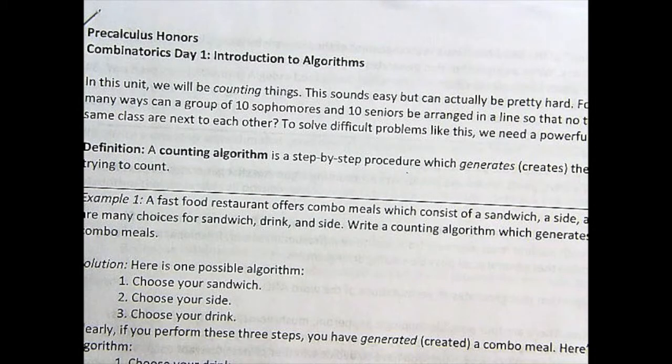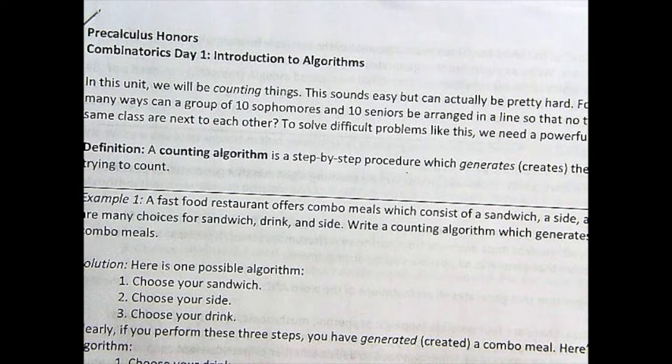The principal tool that we're going to use in counting is something called an algorithm. You might have heard that word before in programming or computer science. An algorithm really is just a step-by-step procedure. Step 1, do this. Step 2, do that. Step 3, do that. It's like a recipe.